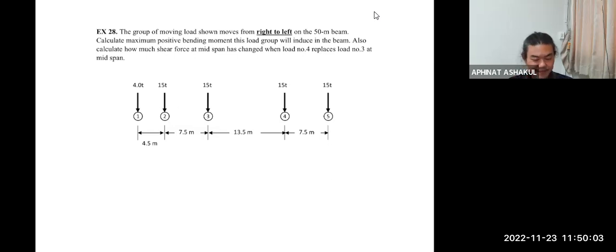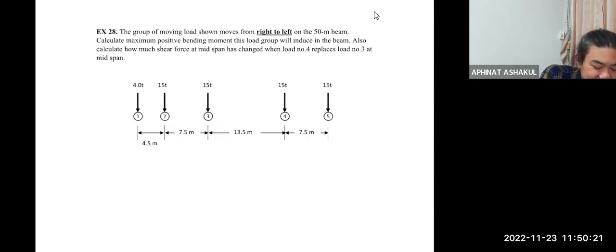Okay, good, shear. So here it is. Let us do the shear at midspan first. All right. So here you go. Now it should come naturally.